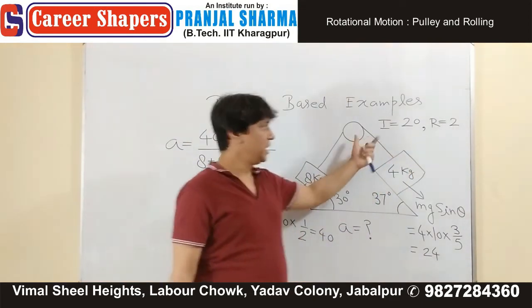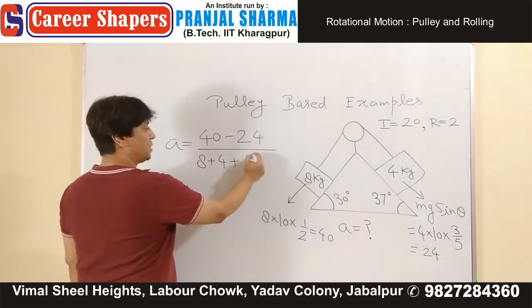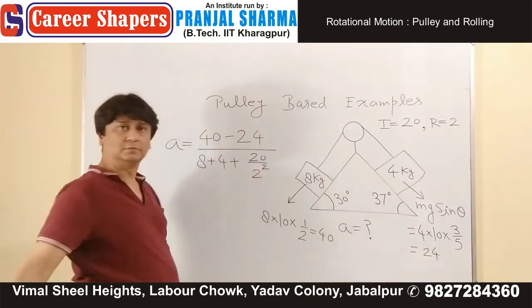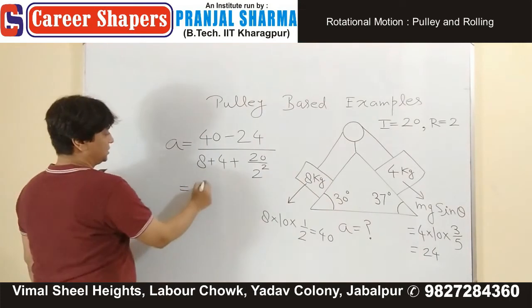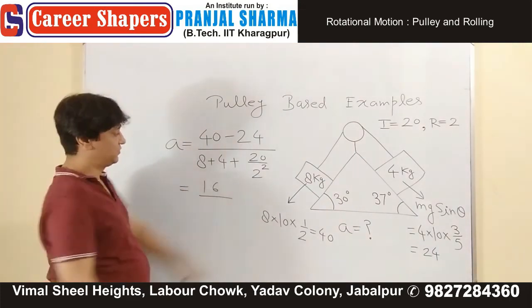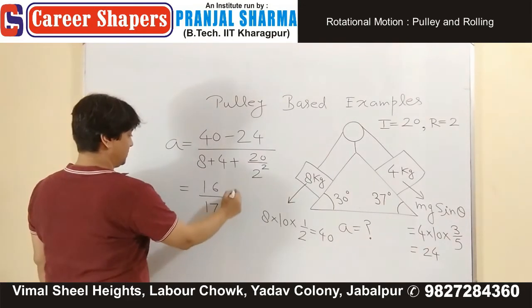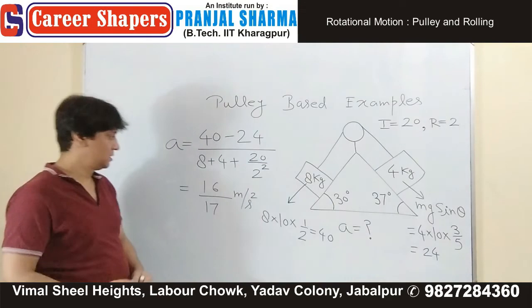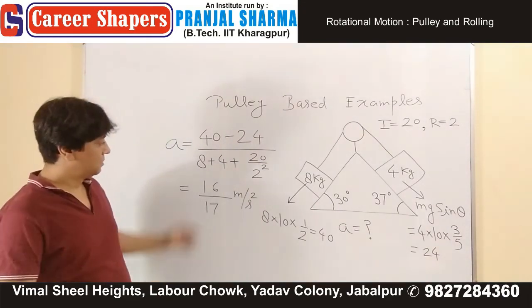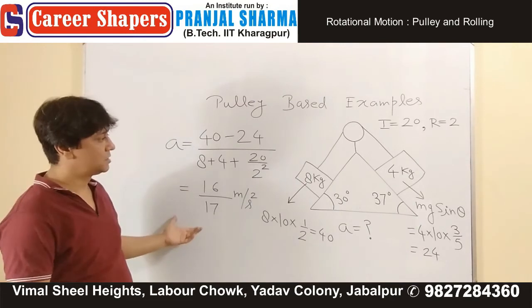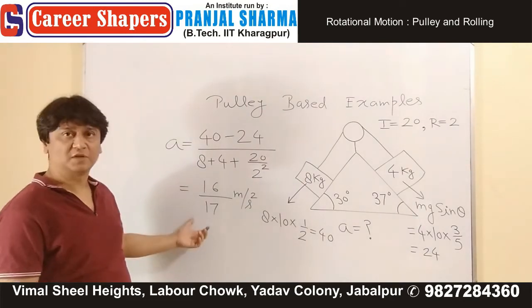For our pulley, how much is I? 20 divided by R square, which is coming 16 upon 12 plus 5, which is 17. Done. This is all we had to do. 16 by 17.